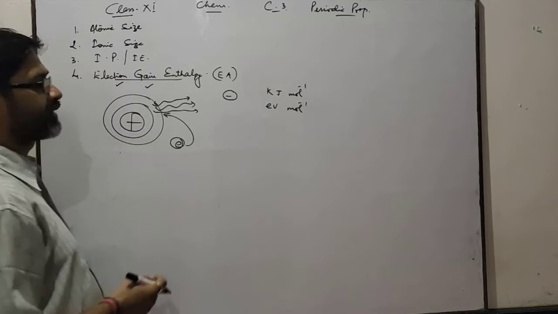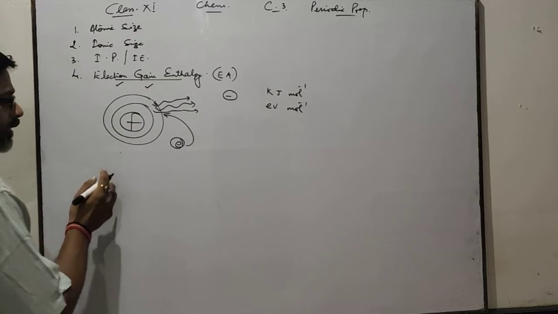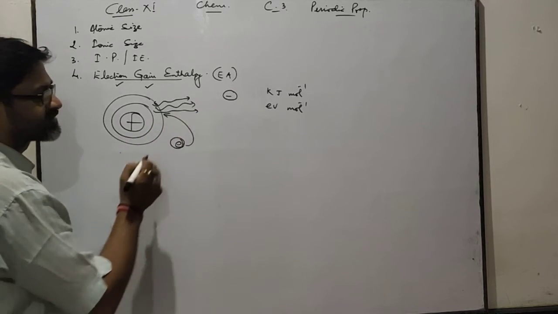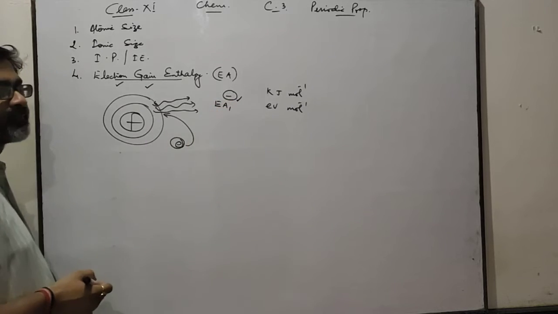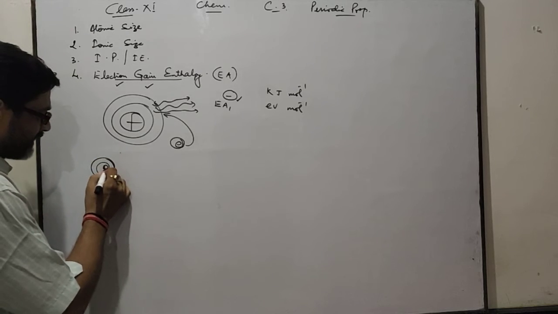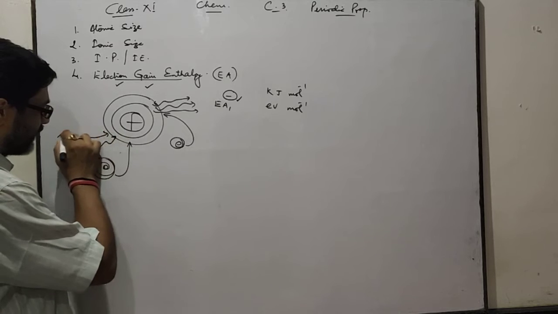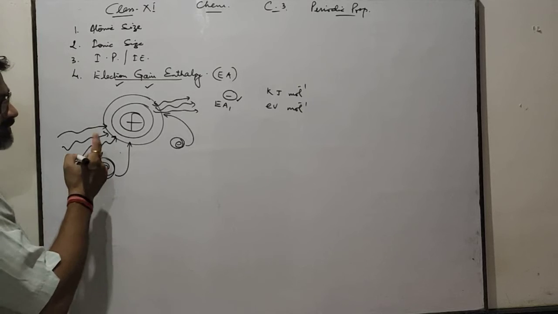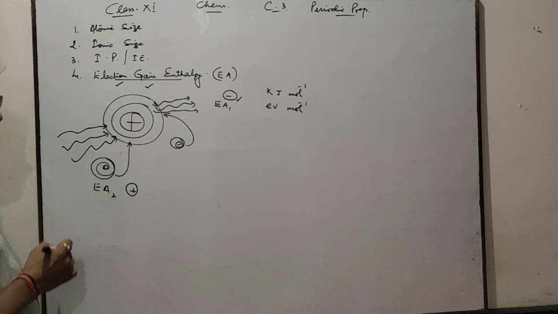In any of the units you can express electron gain enthalpy. When the first electron is added, energy is released, so electron affinity 1 is negative. But when the second electron is added, energy is required, not released. So the second electron affinity is positive.